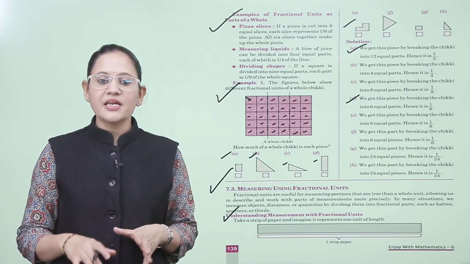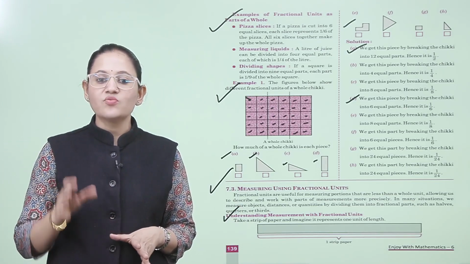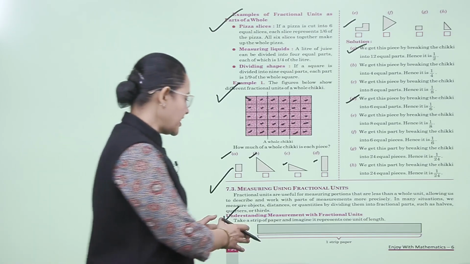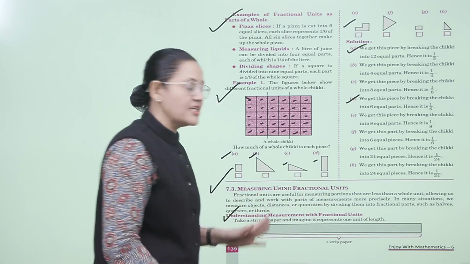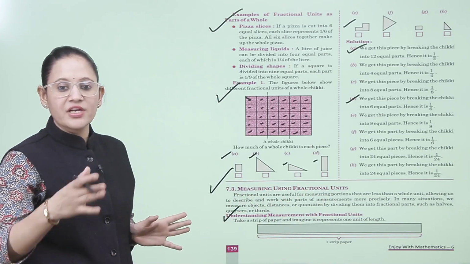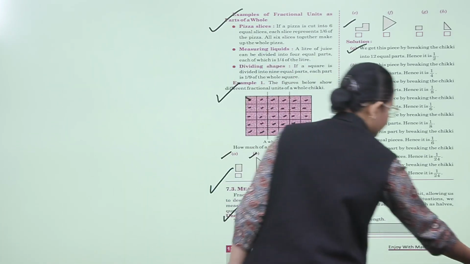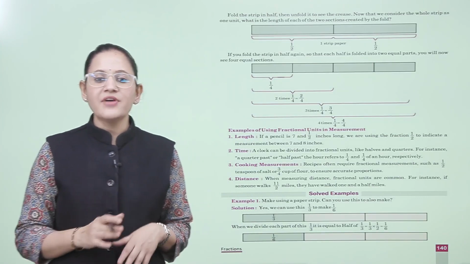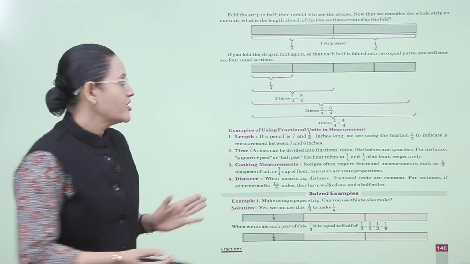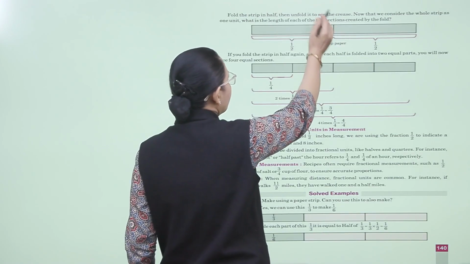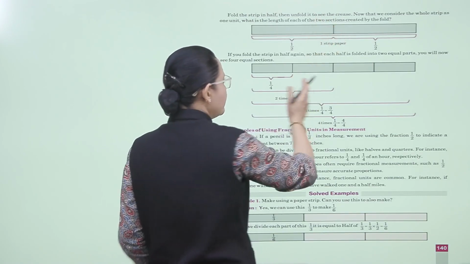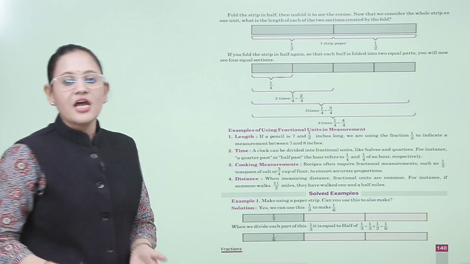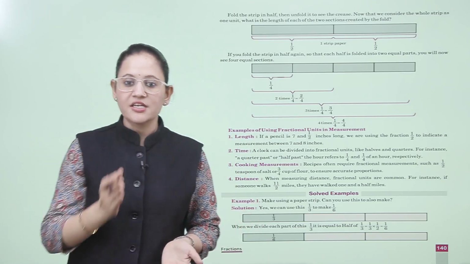Take a strip of paper and imagine it represents 1 unit of length. So we have taken a strip of paper and imagined it as 1 unit of length. Now fold the strip in half and unfold it, you will see a crease. So fold the strip right in the middle and open it, you will see a crease.